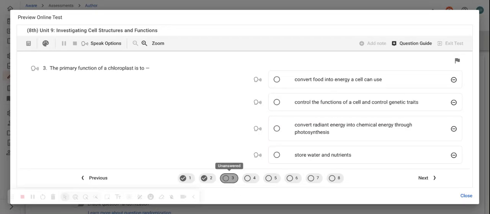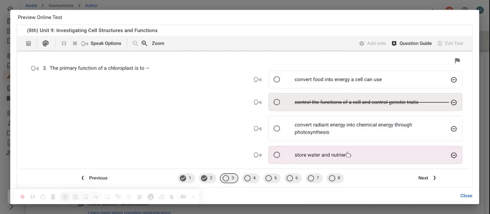The primary function of a chloroplast. Okay, so that again is your plant cell. So convert food into energy a cell can use. Control the functions of the cell and genetic traits. We can cross that one off. Convert radiant energy into chemical energy through photosynthesis.